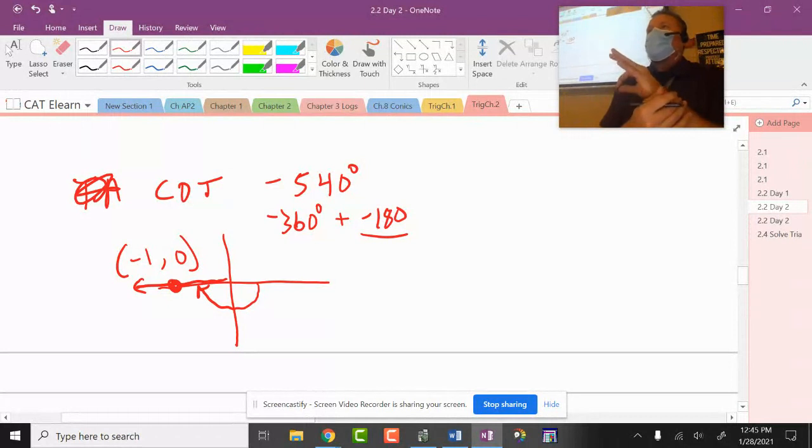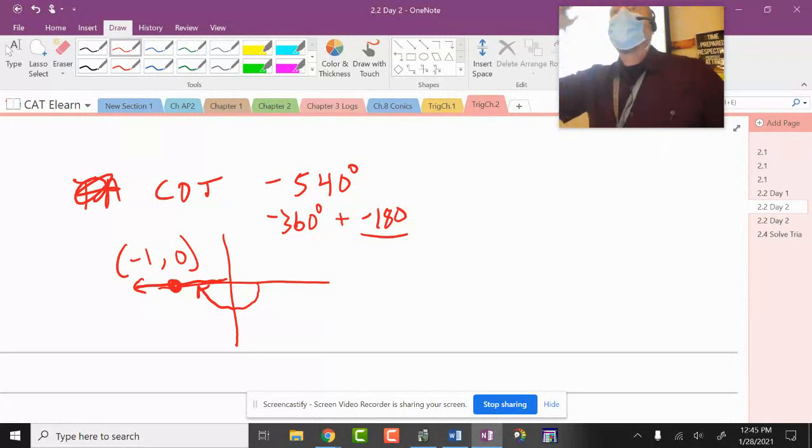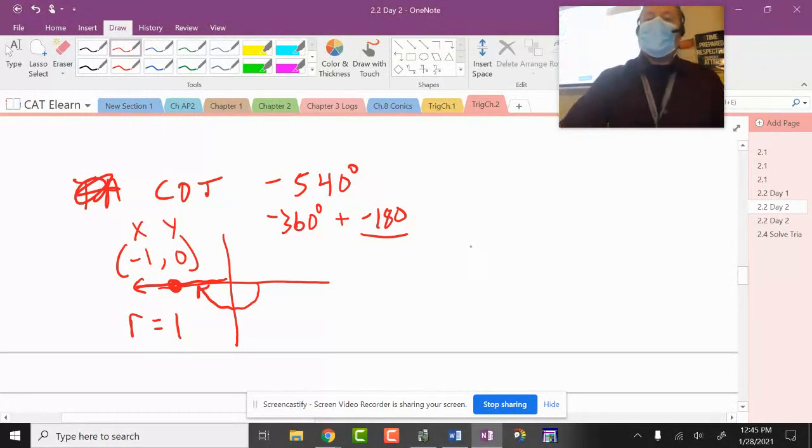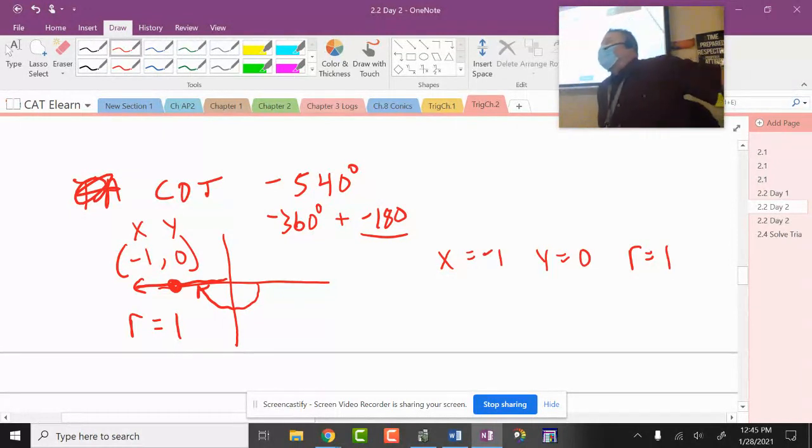In 3 seconds, what is R? 3, 2, 1. I just said it too, right? R equals 1. You pick a coordinate that this terminal side passes through, and you make it up. All right, so that's why in that thing I wanted you to label what is X, what is Y, what is R. So X is negative 1, Y is 0, R is 1. That's what I expected in those blanks. Okay, so what's cotangent? What letter over what letter?